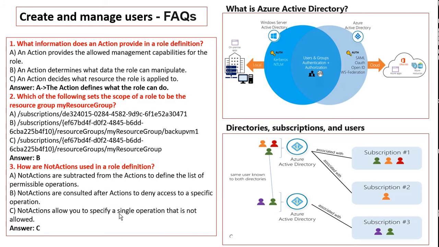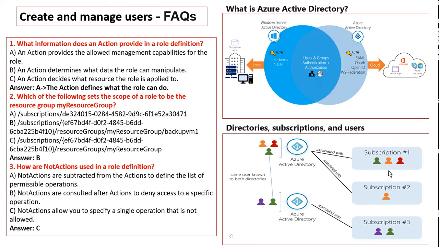Now, we'll come to directories, subscriptions, and users. What information does an action provide in a role definition? Basically, we are going to define the role under Active Directory. This user has got subscription 1, and this subscription has some kind of role.